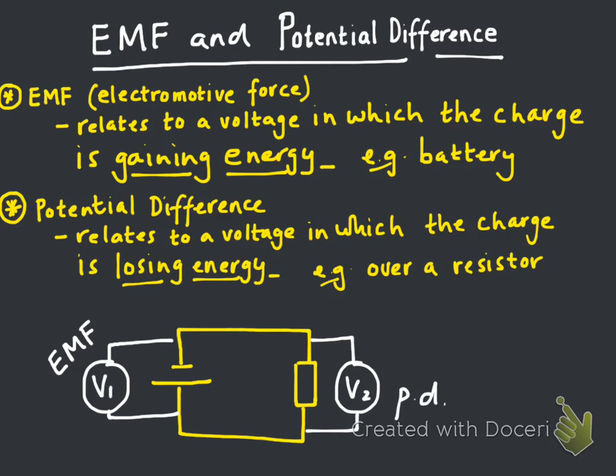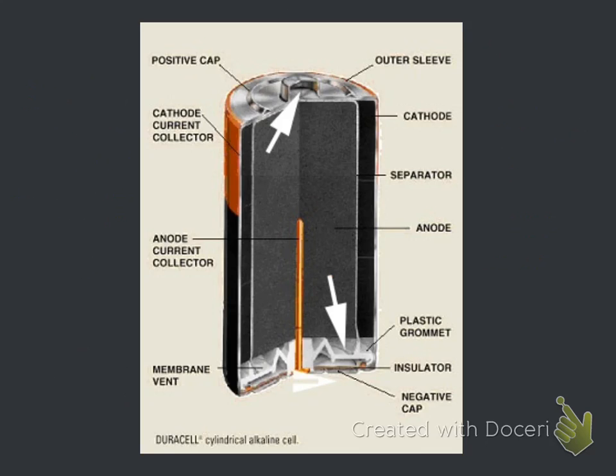And in a very simple circuit, if we're ignoring internal resistance, then V1 would equal V2, but we'll talk a little bit more in detail about that now. So EMF, electromotive force, is a voltage in which charges gain energy, and potential difference relates to a voltage in which charges lose energy.